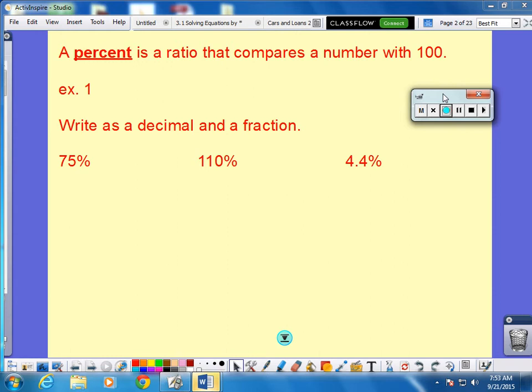So let's look at our textbook. On page 171 has a meteorology type application. It says relative humidity is a common example of percent.